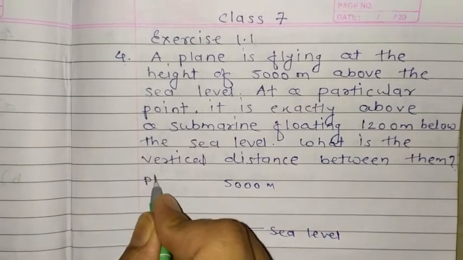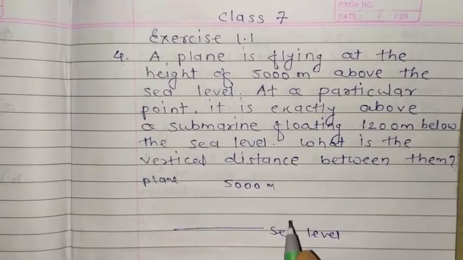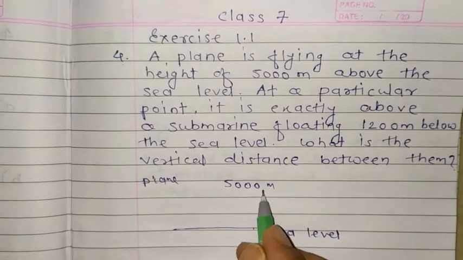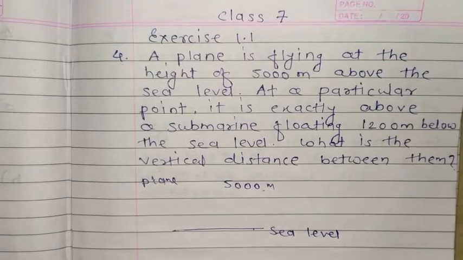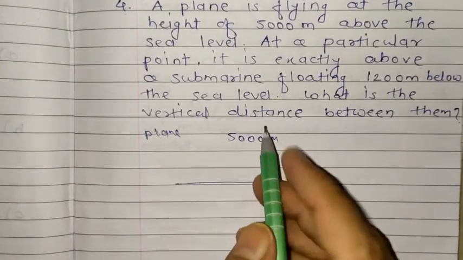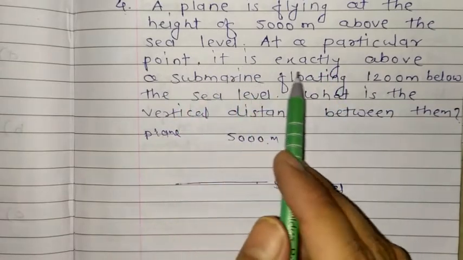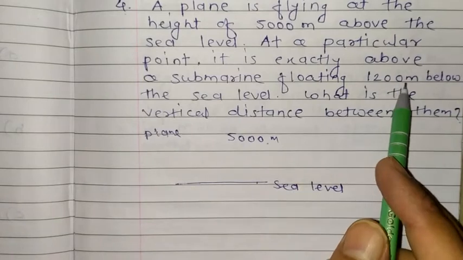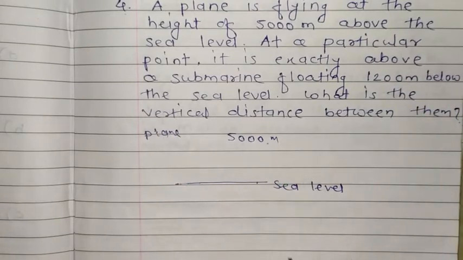So here the plane is there. So the distance from sea level to plane is 5000 meter, and then at a particular point it is exactly above a submarine floating 1200 meter below the sea level.